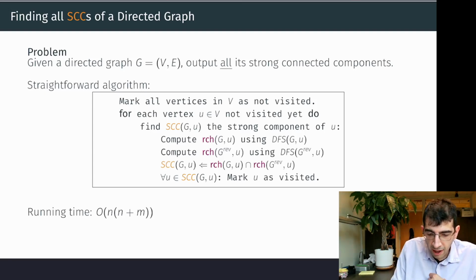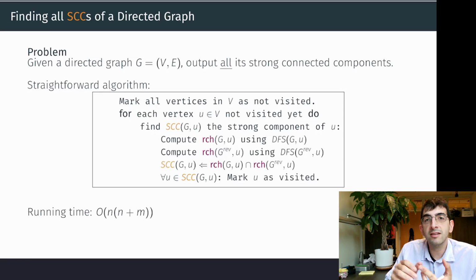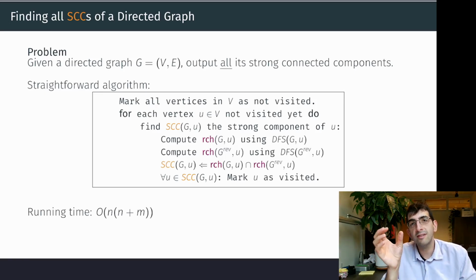We simply calculated the reach of u, i.e. all the vertices that u can reach, and then we used the reverse graph to calculate all the vertices that can reach u. Taking the intersection of these two calculations gives us the strongly connected component, because the strongly connected component is simply the set of vertices that can always reach each other.